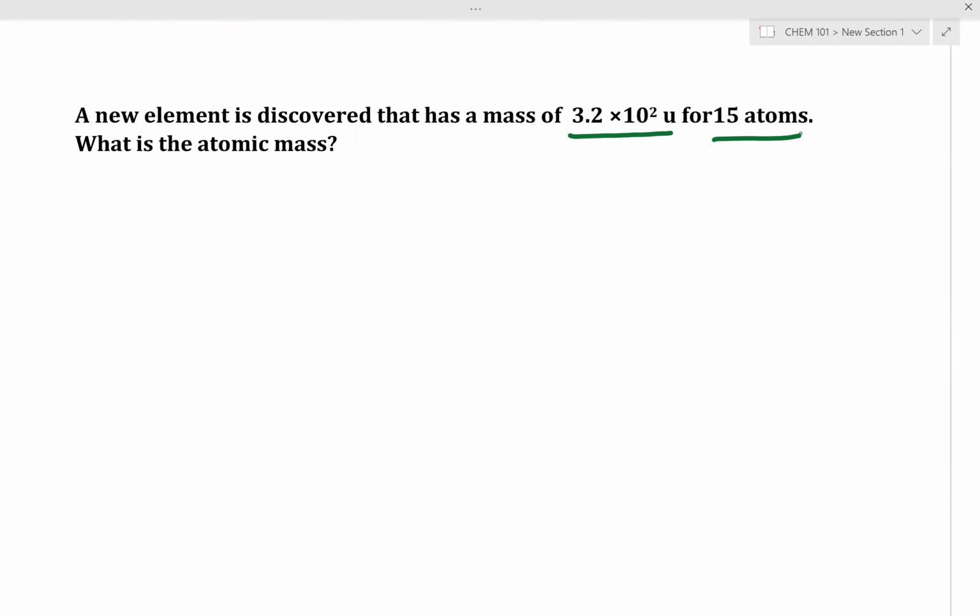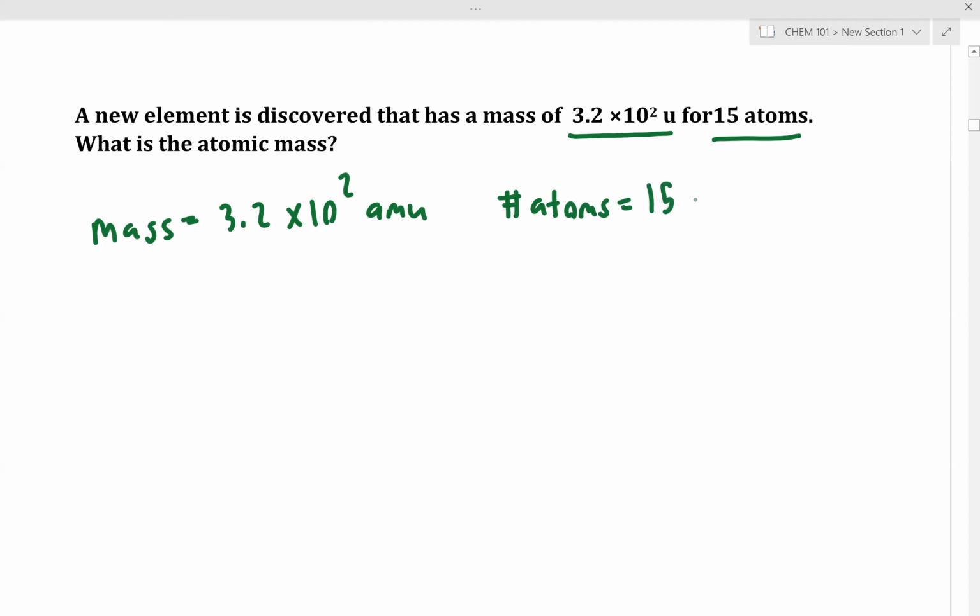The mass. Yep. We know that the mass is equal to 3.2 times 10 to the second AMU. Are we also given the number of atoms? Yes. So we also know that our number of atoms is equal to 15 atoms.